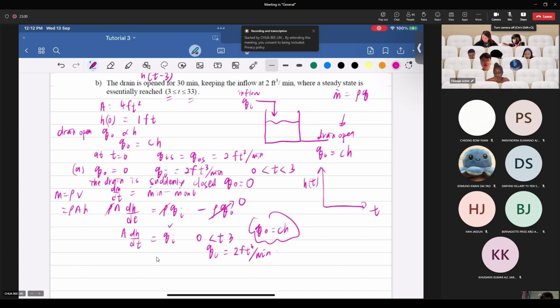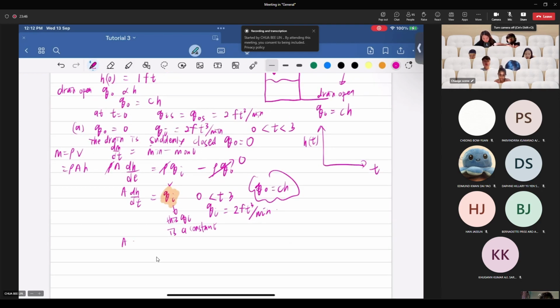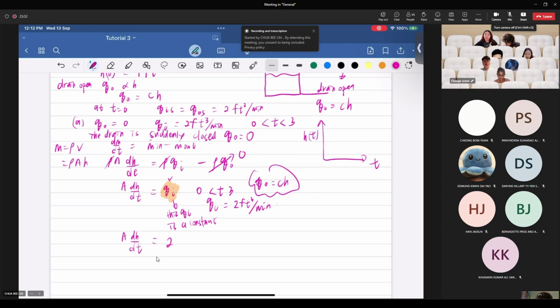Means this value is constant. So you can highlight this. Qi is a constant. Means if I sub the value in this equation, it is 2. It is a number.